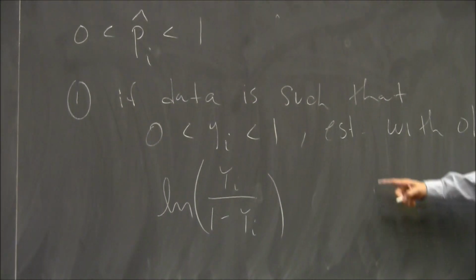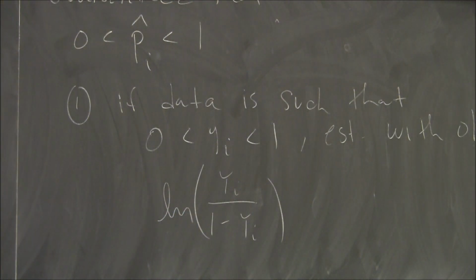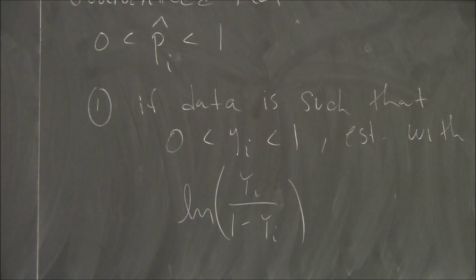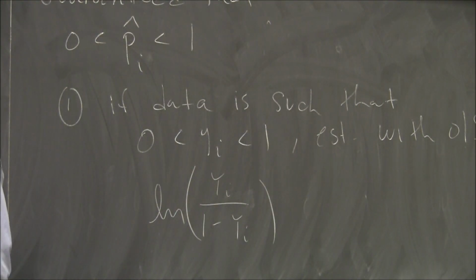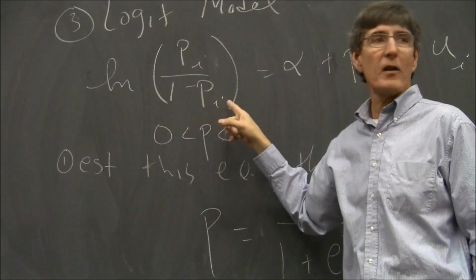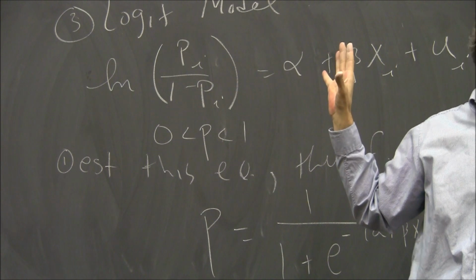So if the yi's are actually probabilities or fractions, you can just estimate this model right here with OLS. Just take your data, transform the left-hand side, and use OLS to estimate it. So it's really easy if your data is continuous and is never 0 or 1. When yi can be 0 or 1, that means this is either the log of 0 or the log of infinity, which is a problem. And you have to use other techniques to estimate it.